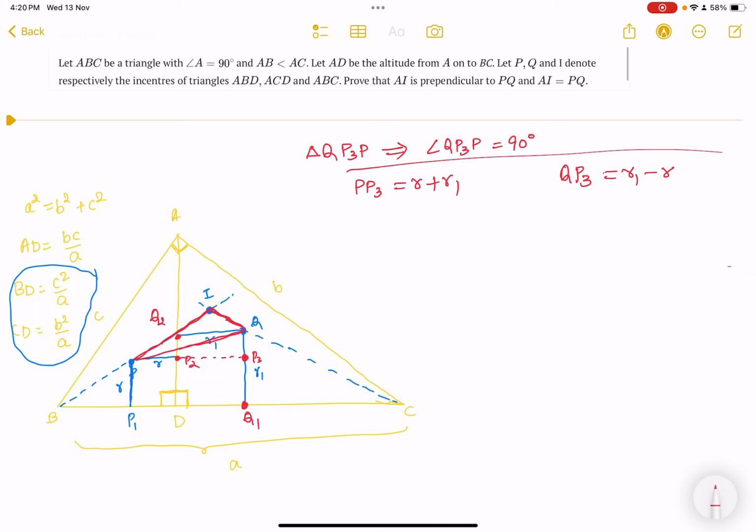So now we have to prove that AI is perpendicular to PQ. So I'll draw the diagram here again once more to get the idea.